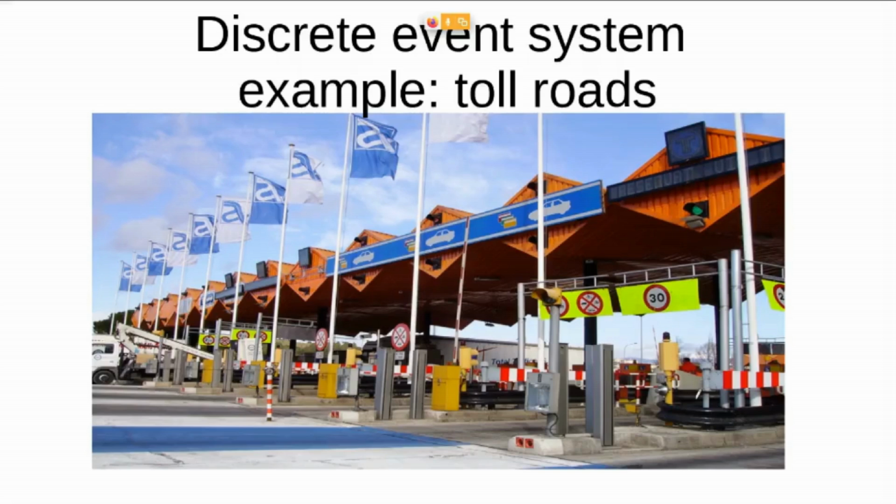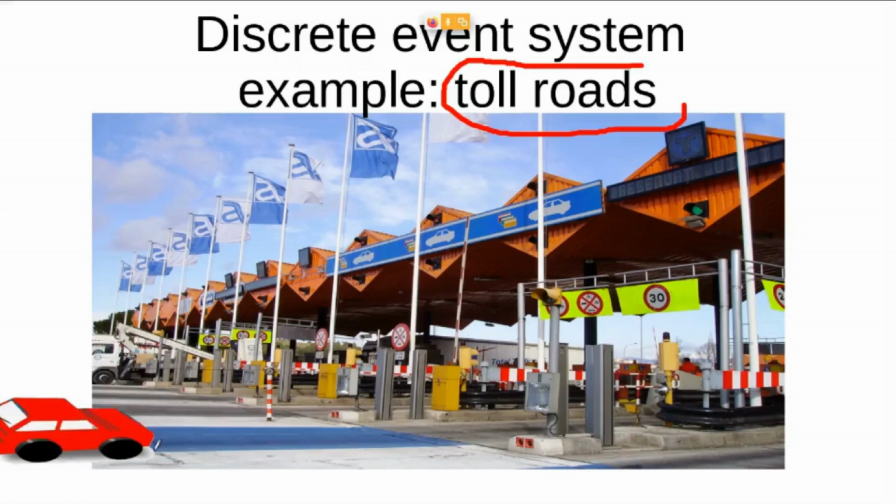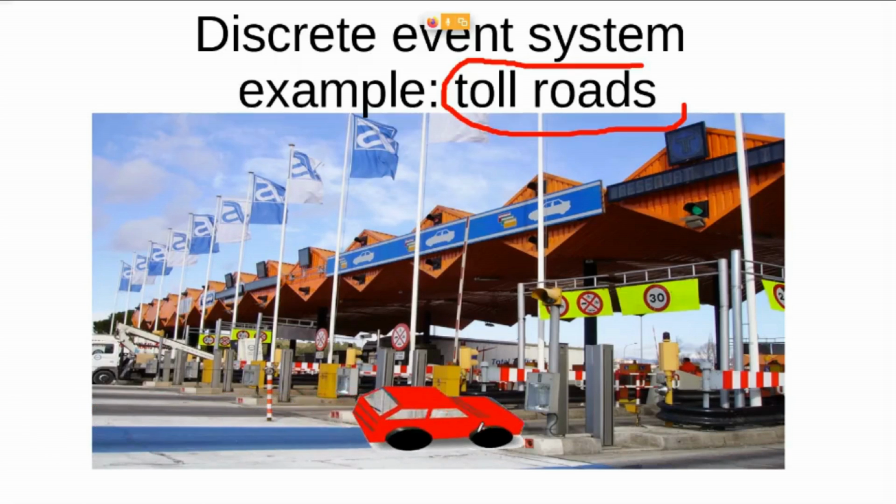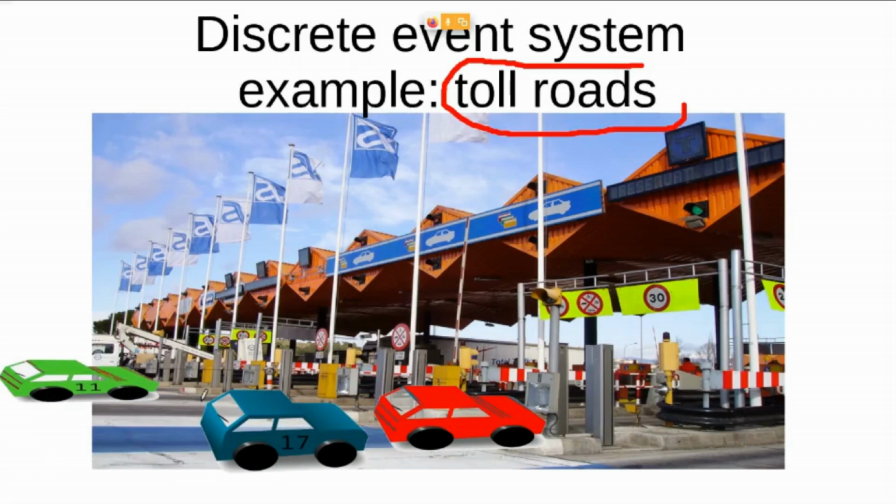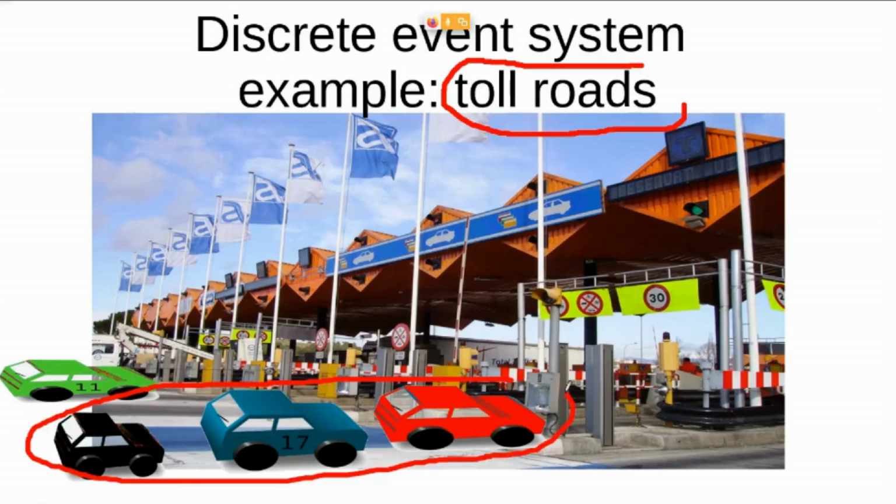Well, what's the main example of a discrete event system? Toll roads. Here you have a toll, okay, and you don't know exactly when a car will arrive at this toll. Depending on the frequency, on the time lapse between car arrivals, you will have queues in this kind of process.